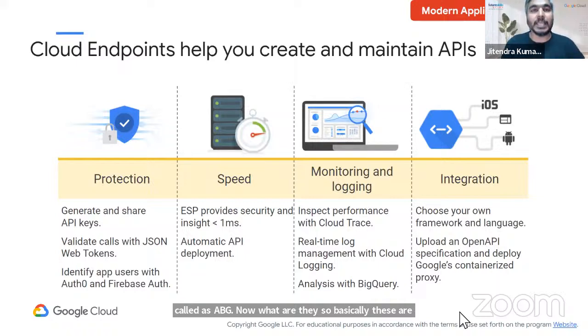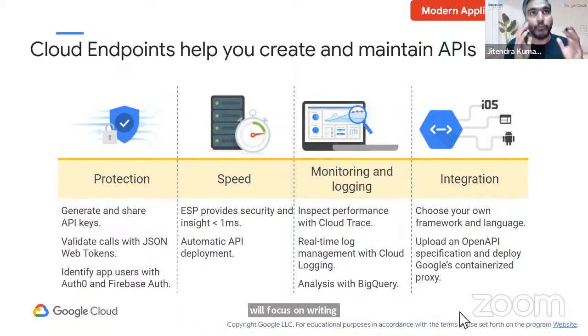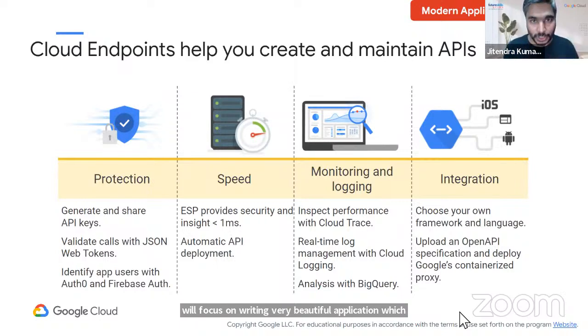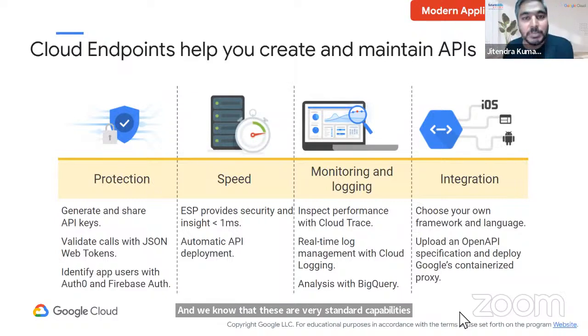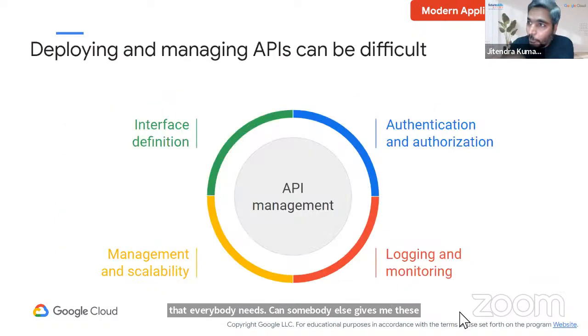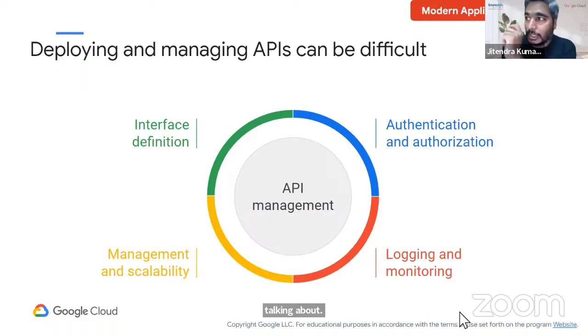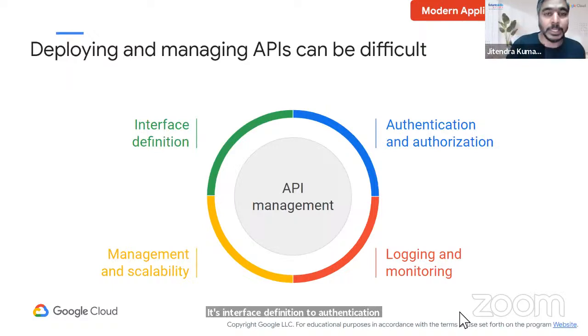What it means is, hey, I will focus on writing a very beautiful application which focuses on business logic alone. And we know that these are very standard capabilities that everybody needs. Can somebody else give me these capabilities, all these four capabilities that we are talking about? Interface definition, authentication, authorization, logging, monitoring, scalability, etc. Who can give this to us?